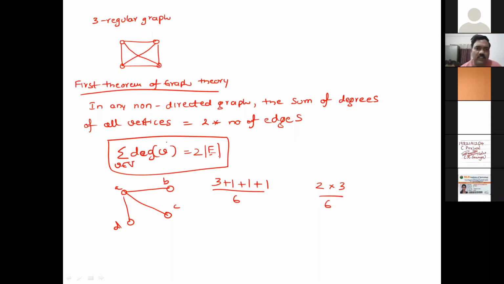Not only for this. You take any. It was proved very long back, an ancient theorem. You take any non-directed graph. In that, the sum of degrees of all the vertices is always equal to 2 into the number of edges. So this is one of the important popular theorems. This is also called the first theorem of graph theory.